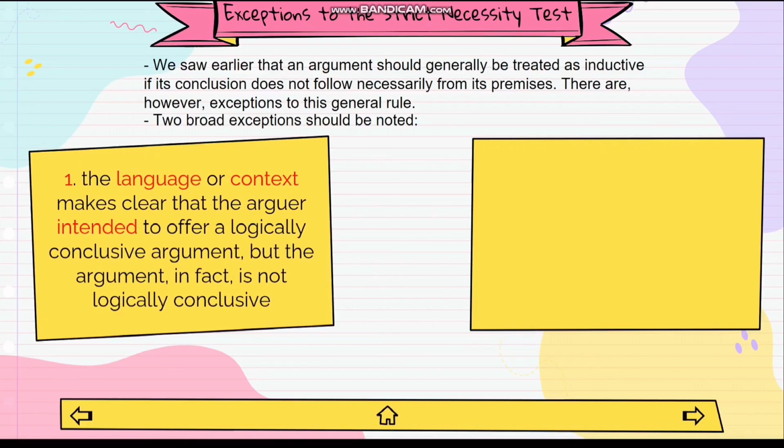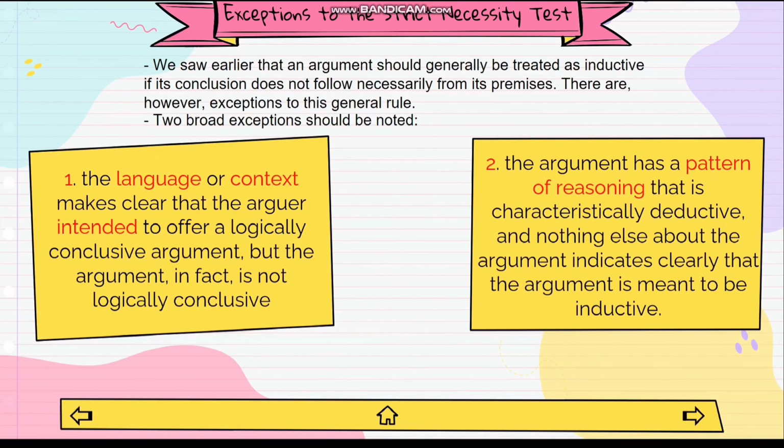First, the language or context makes clear that the arguer intended to offer a logically conclusive argument, but the argument, in fact, is not logically conclusive. Second, the argument has a pattern of reasoning that is characteristically deductive, and nothing else about the argument indicates clearly that the argument is meant to be inductive.